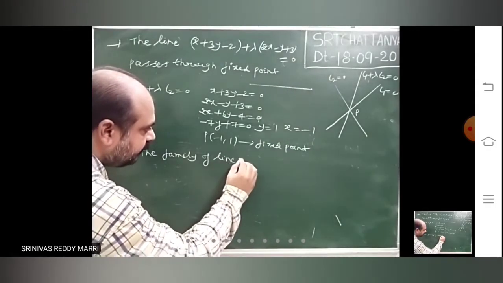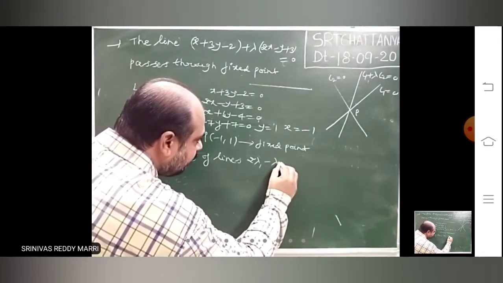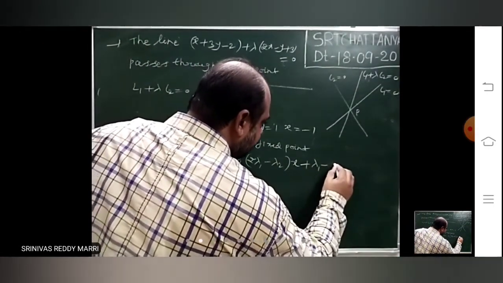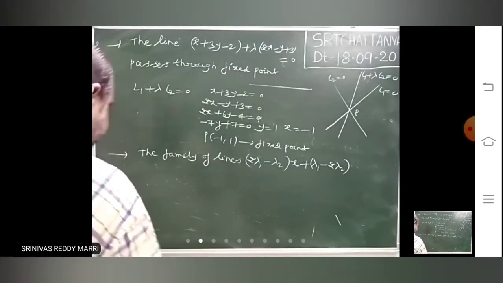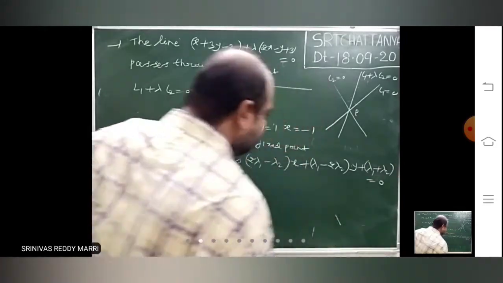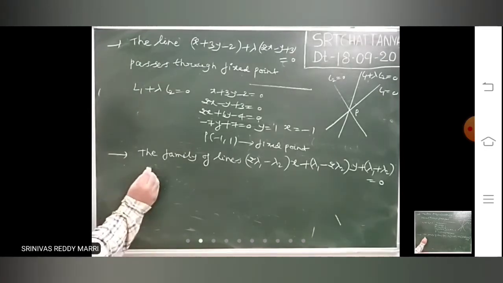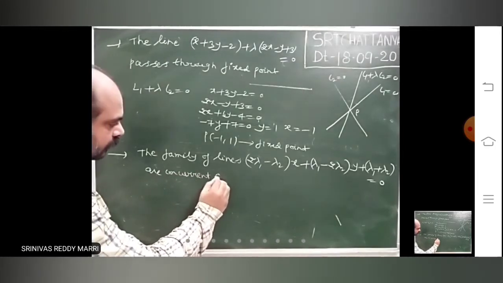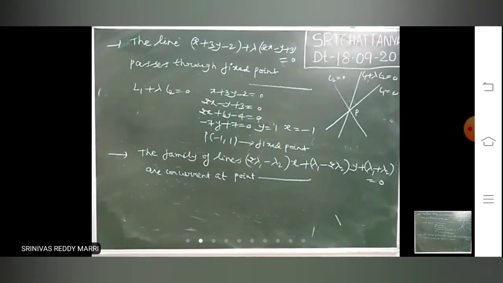Suppose let us say the family of lines is 2 lambda 1 minus lambda 2 into x plus lambda 1 minus 2 lambda 2 into y plus lambda 1 plus lambda 2 equal to 0, concurrent at a point.